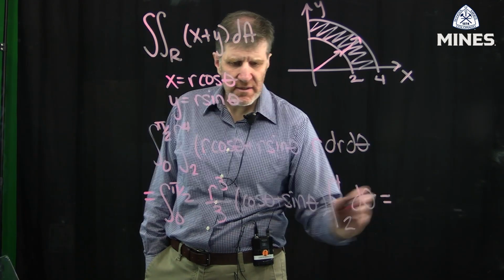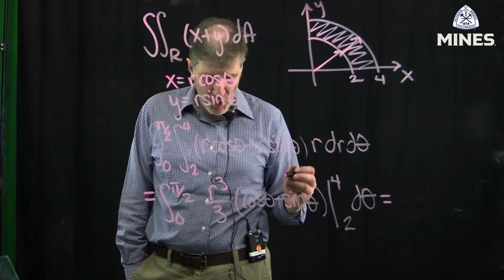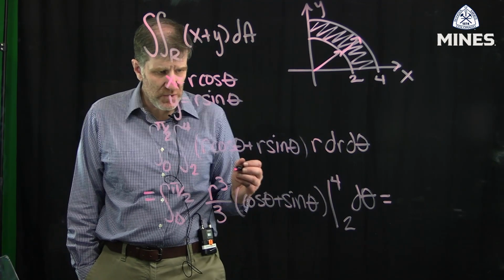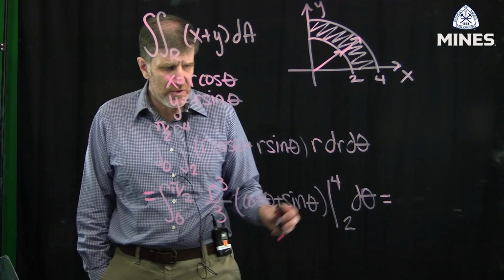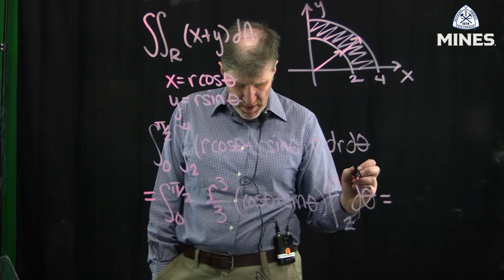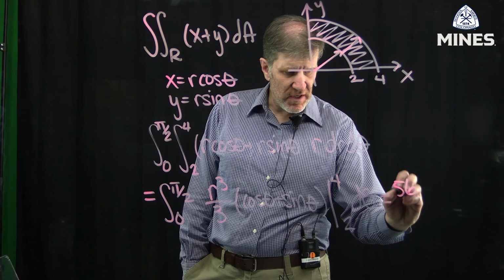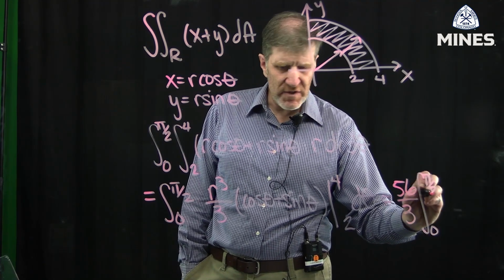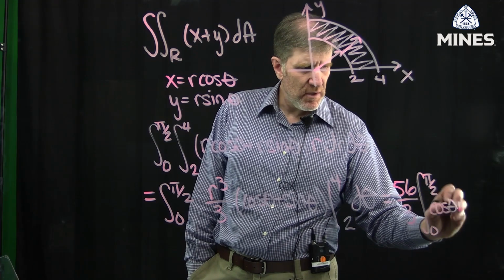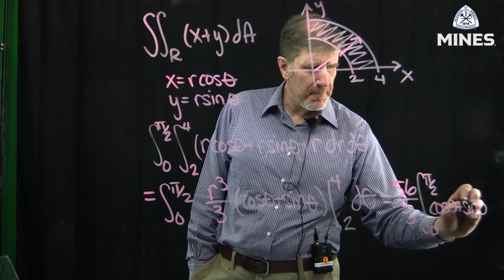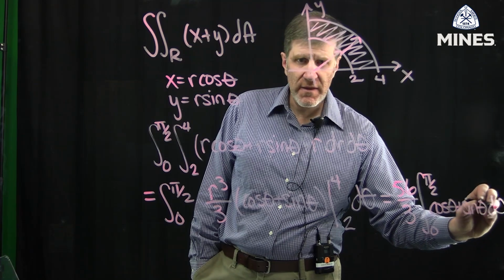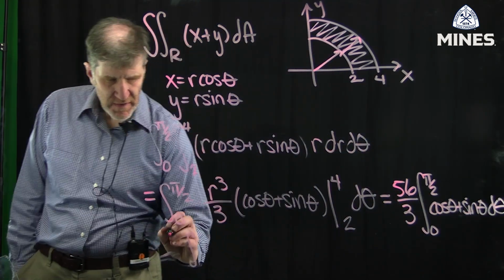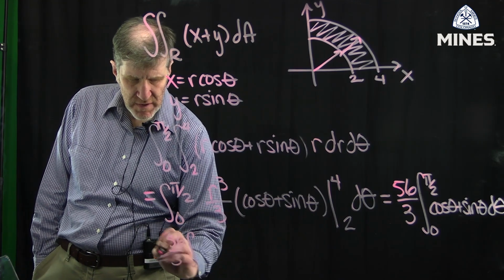And that, let's see, 4 cubed is 64 thirds, and 2 cubed is 8 thirds, so we've got 64 minus 8 is 56 thirds times the integral from 0 to pi halves of cosine theta plus sine theta d theta.